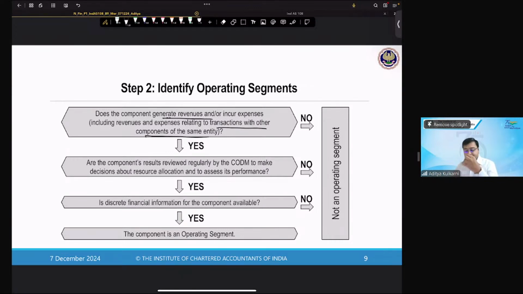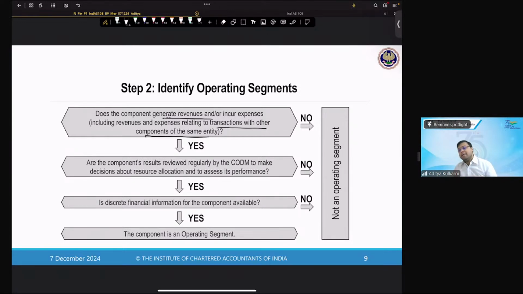What does it mean? A particular segment, is it independently generating revenues? That is very critical. So when we talk about segment identification, ability to generate revenue by itself is the most fundamental requirement for it to become a segment.